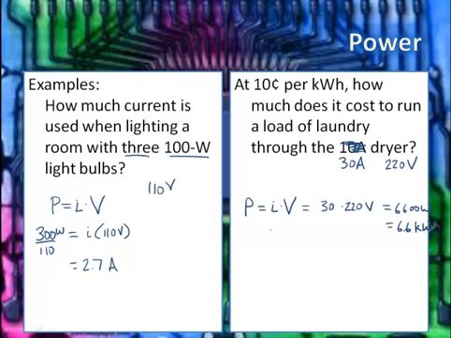And so if we wanted to figure out how much that costs, we need to know how long we're running a dryer for. I'm just going to pick a typical load of drying, which might take about an hour.